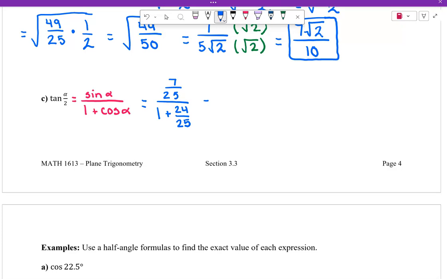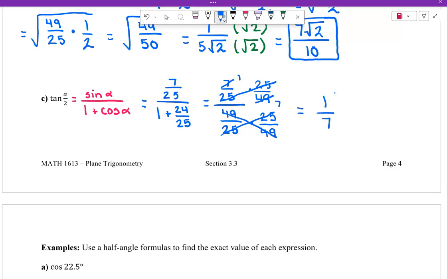We actually just did that, so I'm going to go ahead and write the answer to that. So 7 over 25 is going to be, the bottom is going to be 49 over 25. Okay, and we're going to multiply by that reciprocal. Just go ahead and do it this way on this one. Those cancel, those cancel. We know the 25s cancel. We know that 7 goes into 49 7 times. So we're left with 1/7.